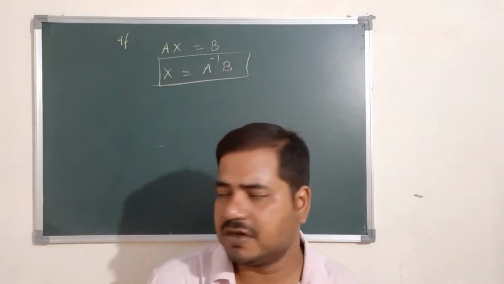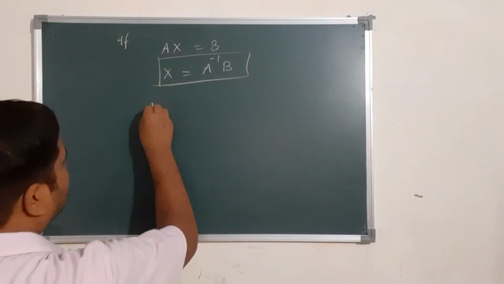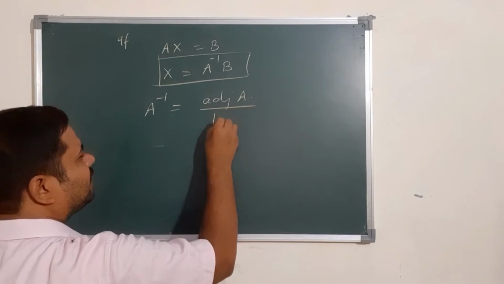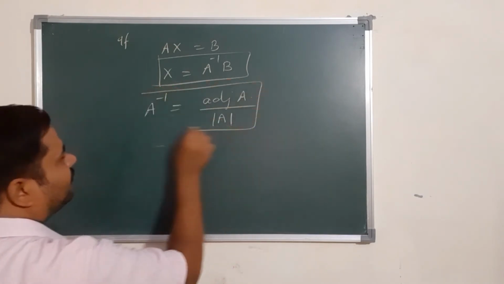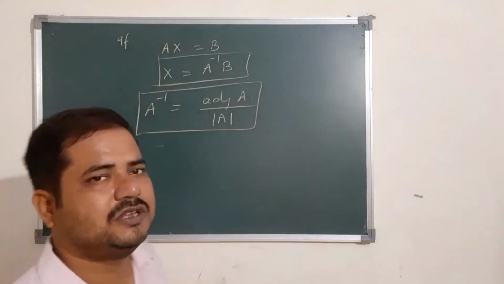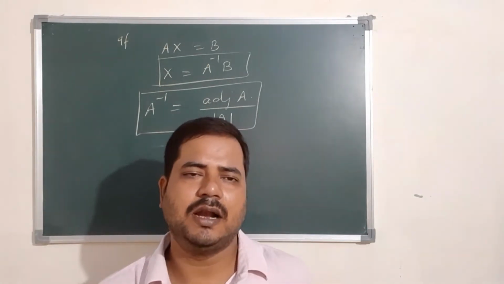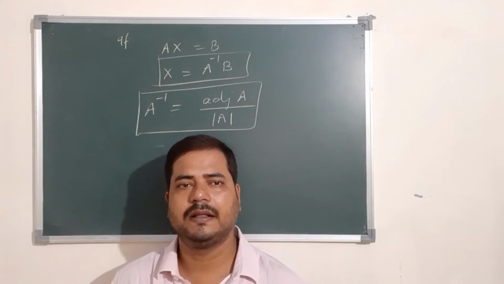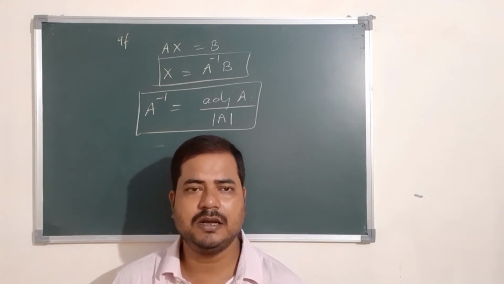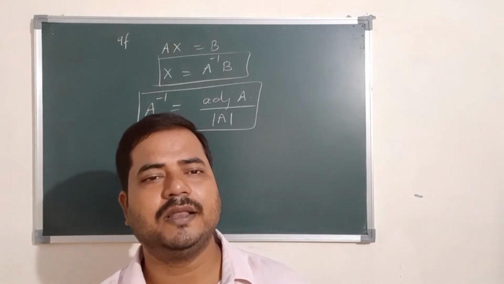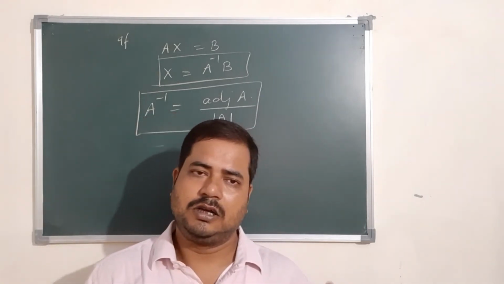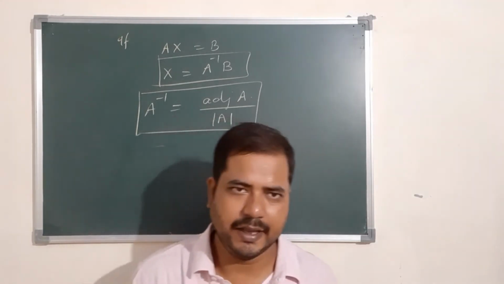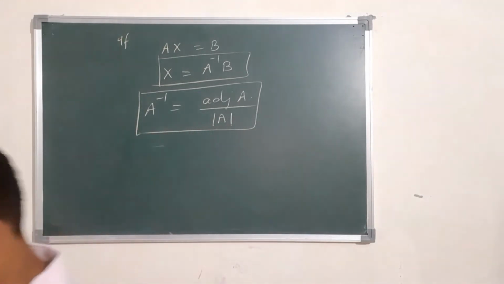You know very well, A inverse is nothing but adjoint of A upon determinant of A. And adjoint of A means the transpose of the matrix formed by the cofactors of A. So let us see an example, then it is clear.